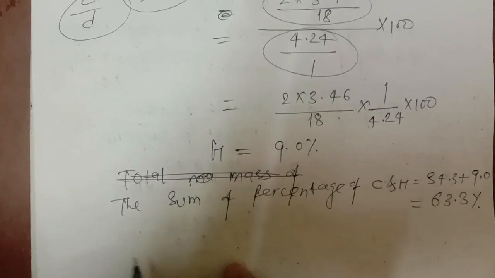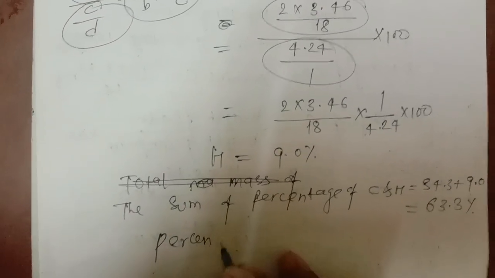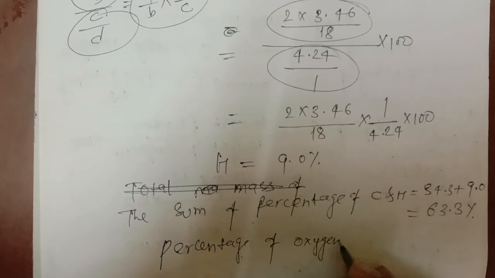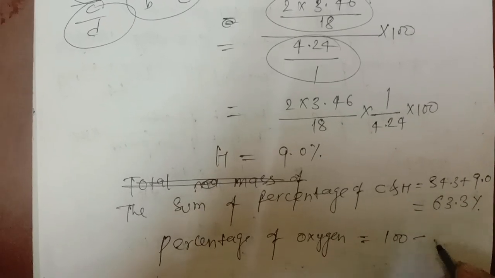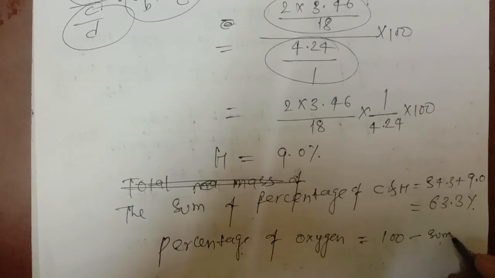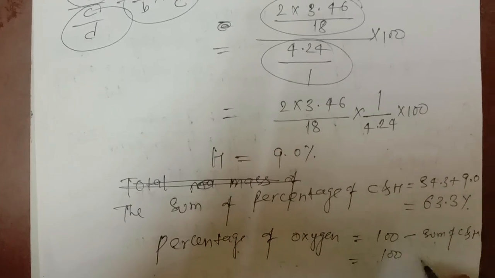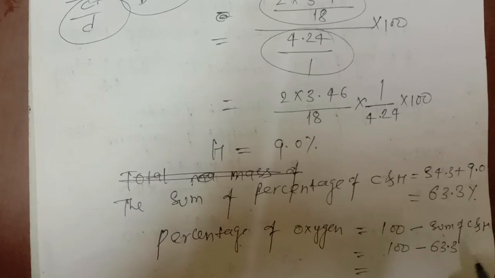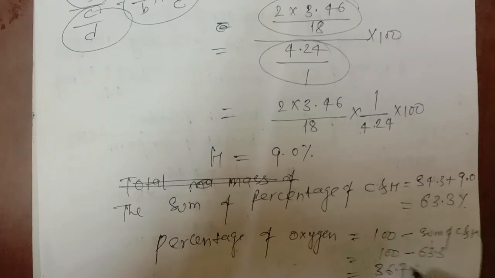Now we will calculate the percentage of oxygen. Percentage of oxygen equals 100 minus the sum of carbon and hydrogen. So 100 minus 63.3 comes to 36.7%.